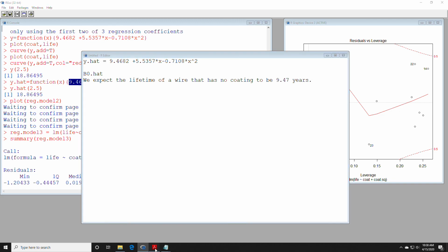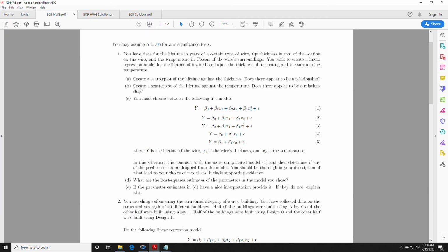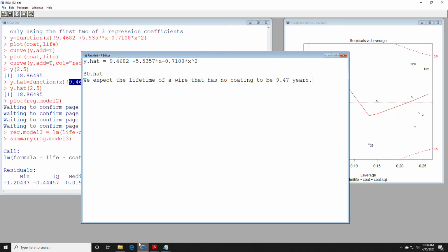I'm guessing it was in years, okay? Because we could easily produce a wire with no coding. So we saw a lot of examples where the intercept was useless. This actually makes sense, okay? So if there is no coding on the wire, then it's going to last about 10 years. So that actually makes a lot of sense.